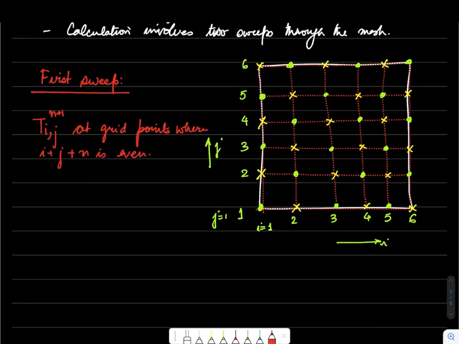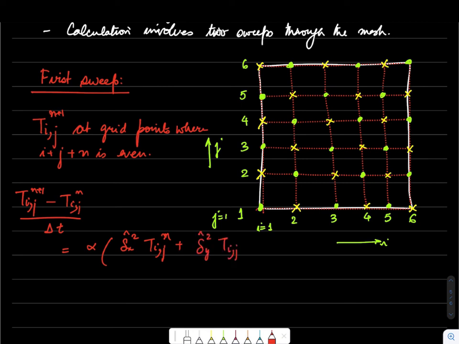Now when I calculate Tij at n plus 1, I would be saying (Tij n plus 1 minus Tij at n) by delta t is equal to alpha (del hat x square Tij n plus del hat y square Tij at n).